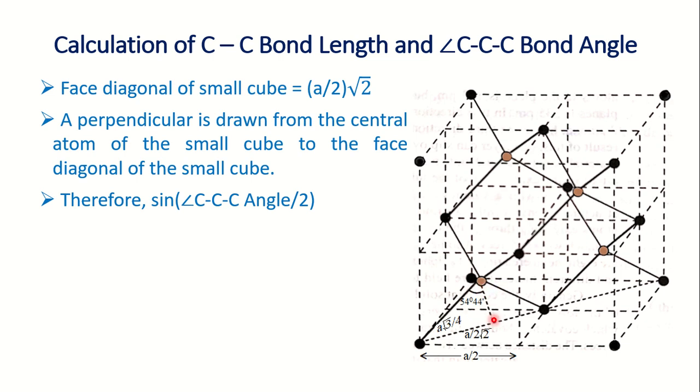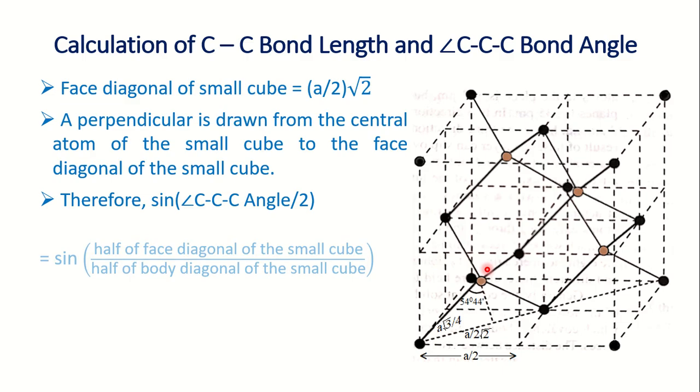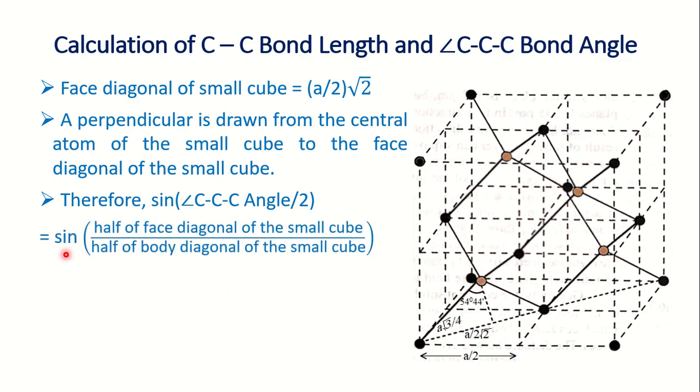So half of this bond angle, if you take the sine of this angle, it is nothing but the ratio of half of the face diagonal divided by half of the body diagonal, both for the small cube.